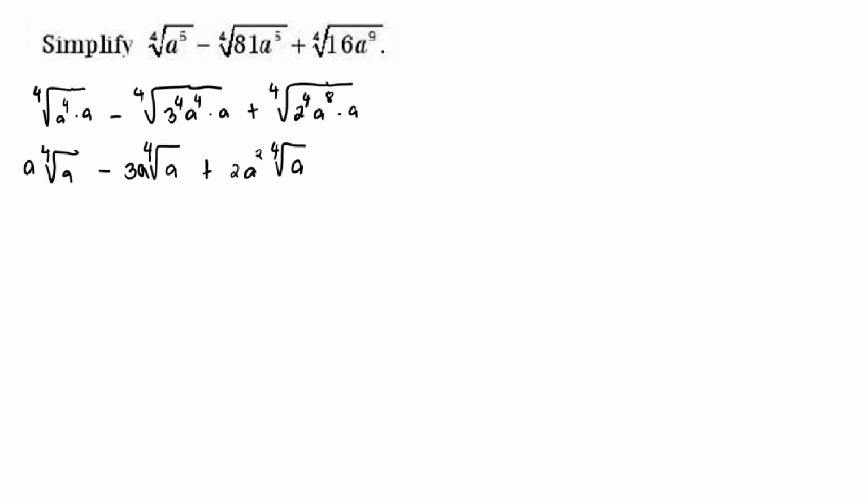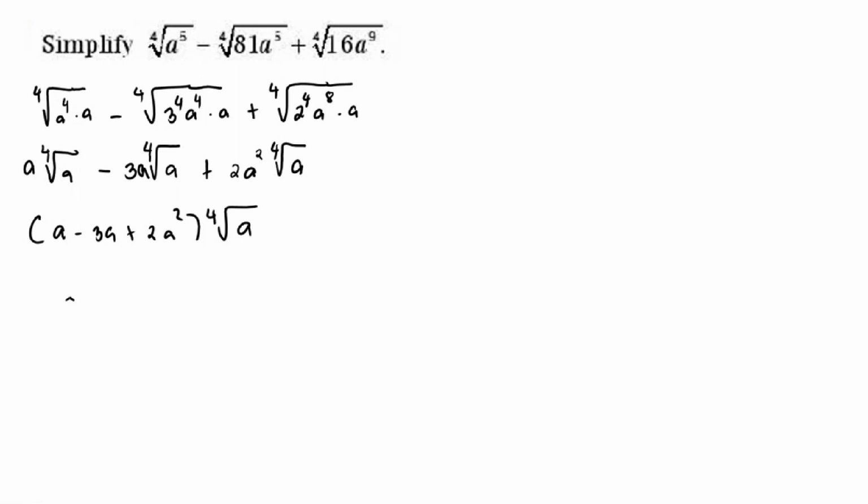As you can see, the radicals and the indices are the same, so we can combine their coefficients. So we can write now the quantity of a minus 3a plus 2a squared, times the fourth root of a. Now, I will just rearrange this one and simplify a minus 3a.